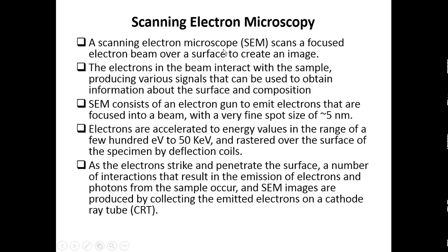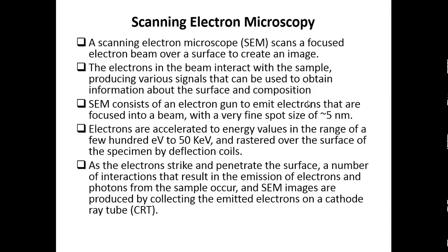A scanning electron microscope scans a surface with the help of a focused electron beam to create an image. The electrons in the beam interact with the sample, producing various signals that can be used to obtain information about the surface and the composition.